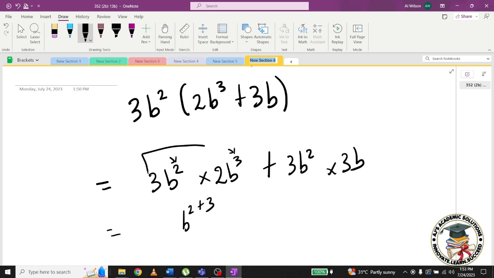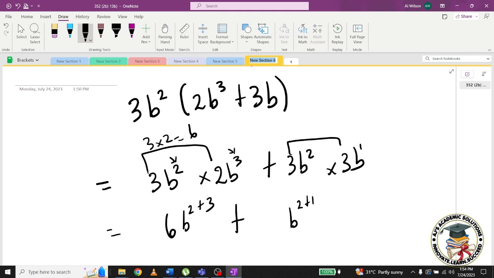So we have 3 times 2, which is 6, so this is 6b, and we have 2 plus 3, which we're going to add shortly, plus b squared plus 1. Recognize that this one does not have any power displayed, which tells us the power is 1, so it's 2 plus 1. And here we have 3 times 3, which is 9.